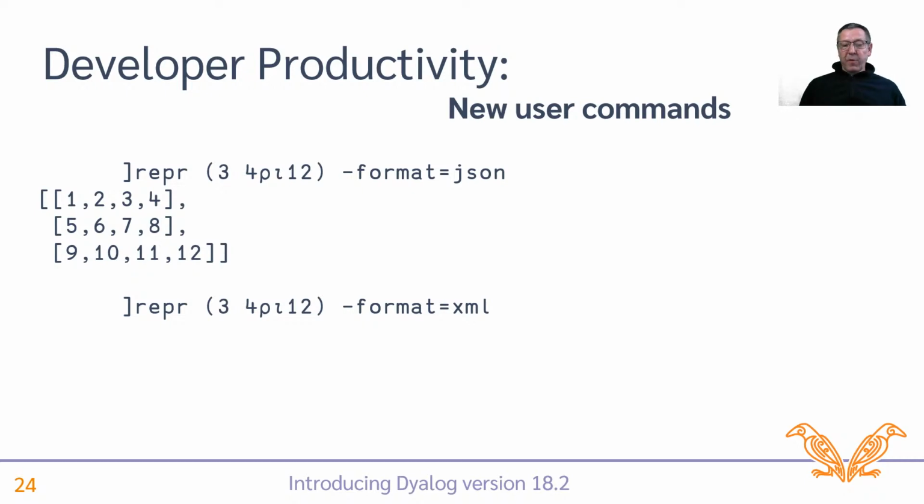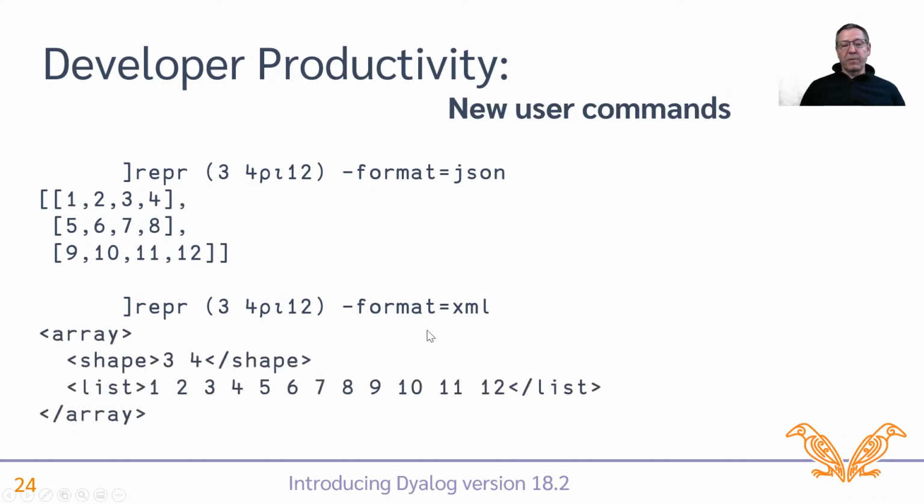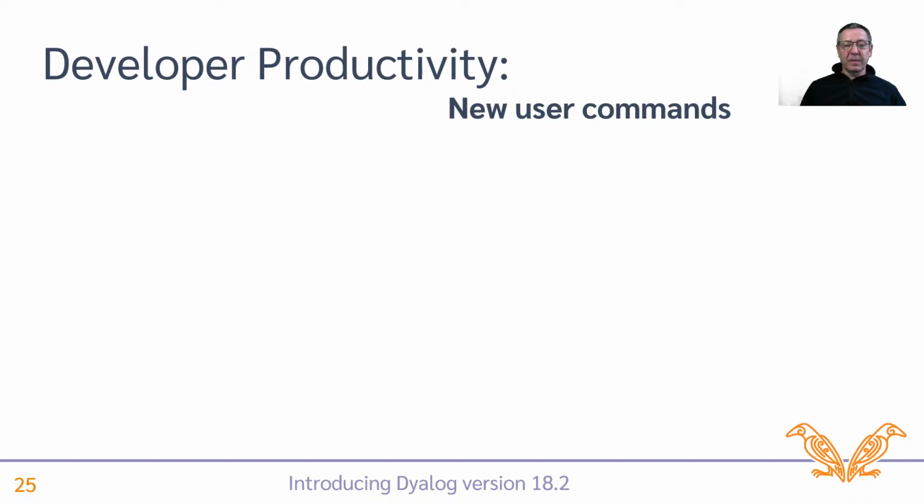We can also have it represented in XML. Of course, XML can't really represent something like this at all, so it comes up with a format where we produce some XML that an application written in another programming language could use to read the data with the shape and the list. There's a wide variety of formats.